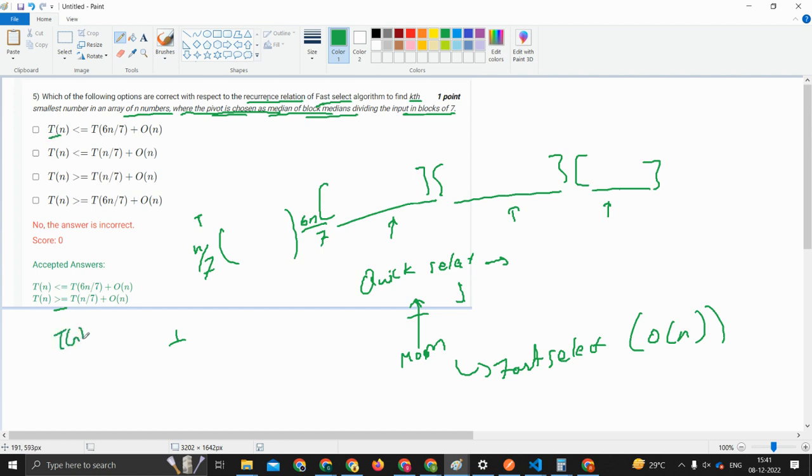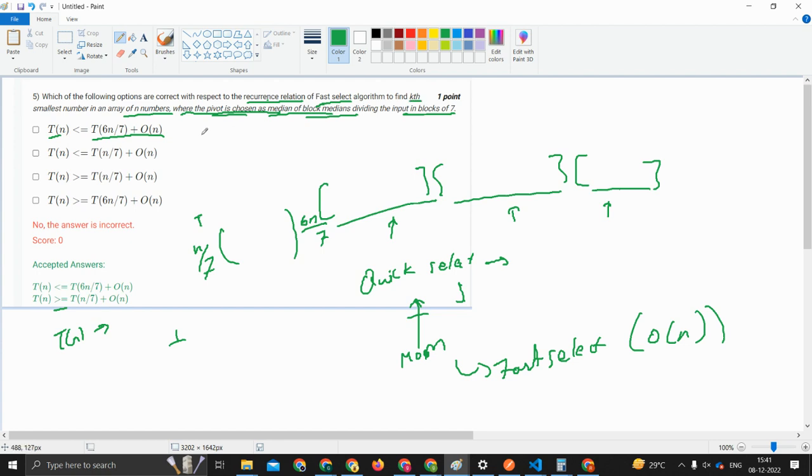T of n is the time taken for the complete fast select, to find the kth smallest. We know that it is less than or equal to 6n by 7, so you don't need to do the other part. Gokul, is it the time taken to find the kth smallest number?